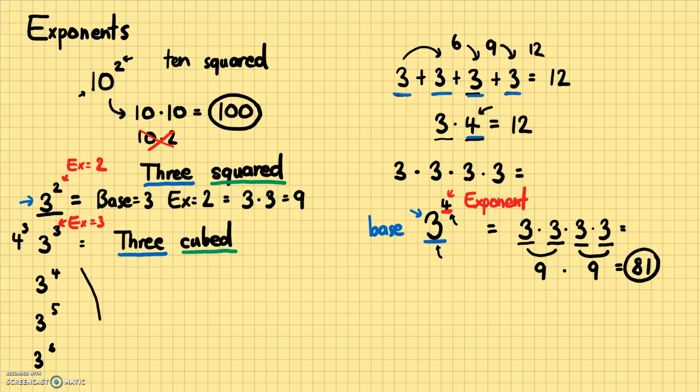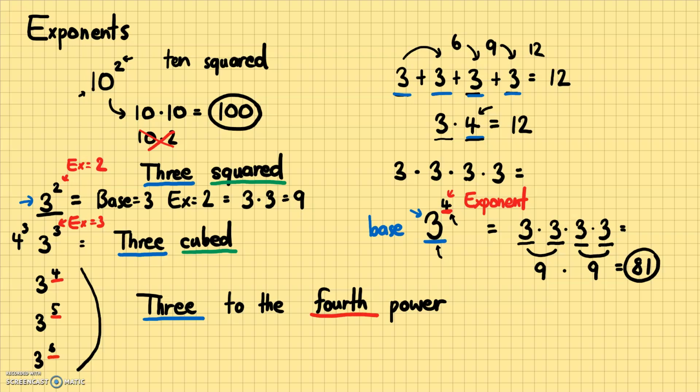And for all of these cases, when the exponent is bigger than 3, they all have the same way of being read. Actually, you'll have to say the correct number of the exponent, but the concept is the same. So you say the base first, 3, to the 4th power. Okay, so this part would be the exponent part.